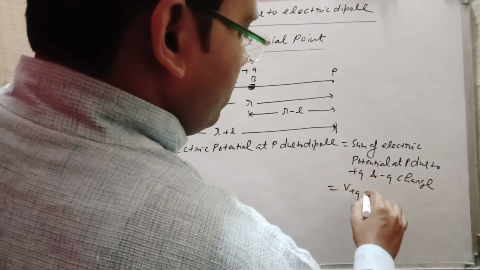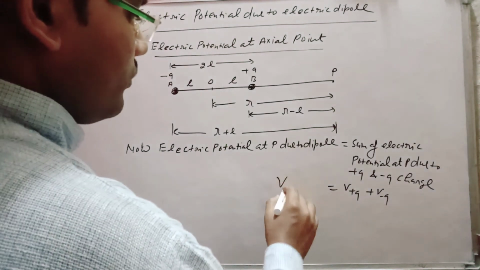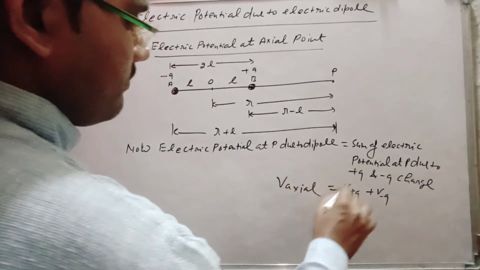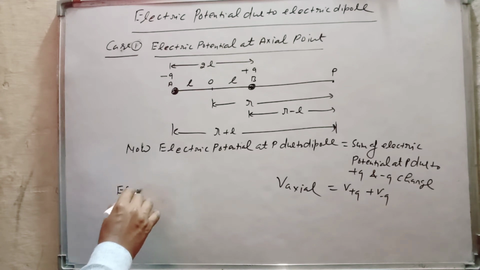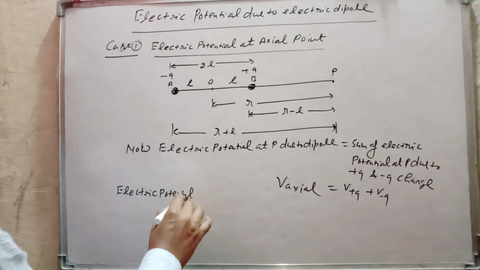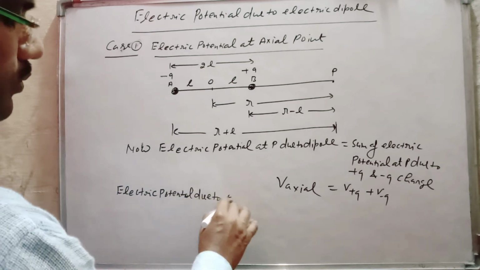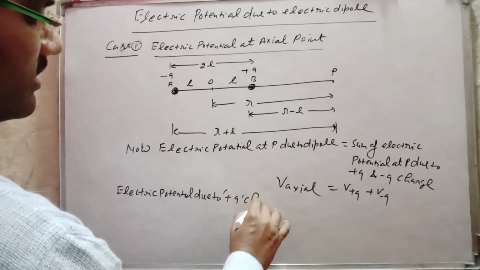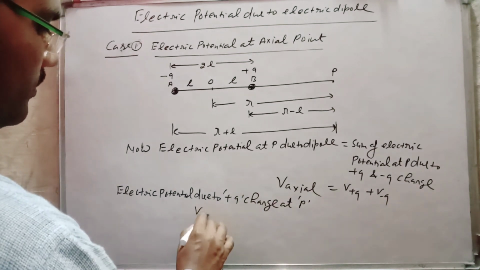That means V plus Q plus V minus Q. This one is the V axial. Now the electric potential due to plus Q charge at P, V plus Q.